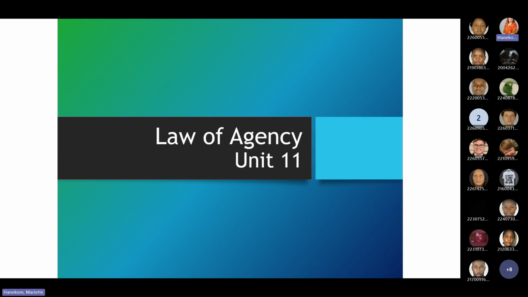He goes to the shop, pays for a burger and a Coke, brings it back to me. Roland is my agent. That is agency in its absolute simplest of terms.